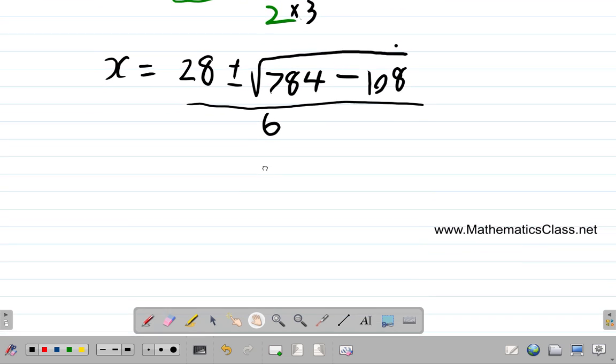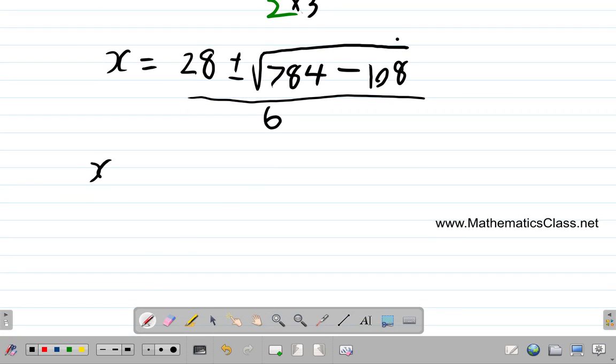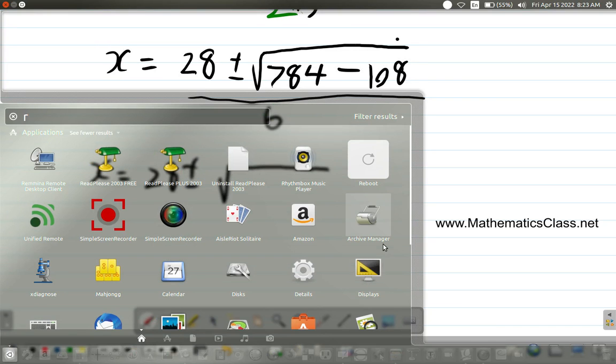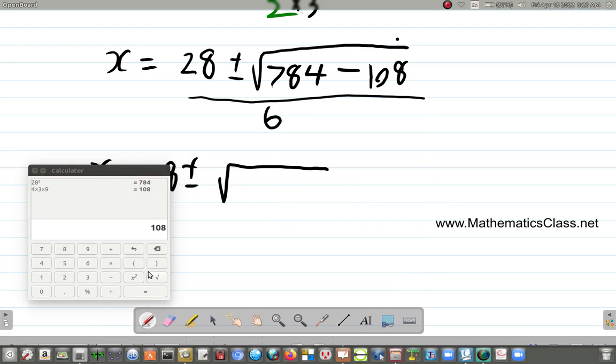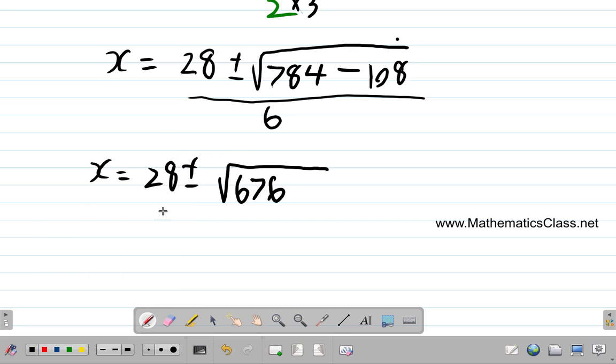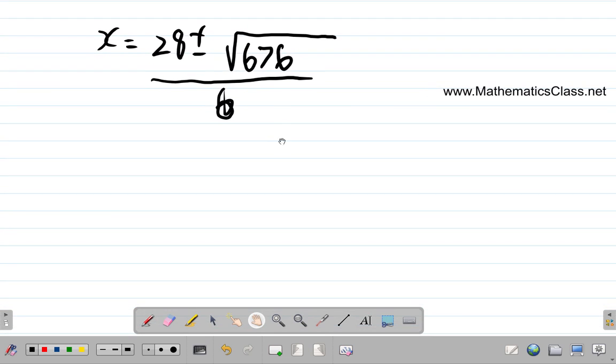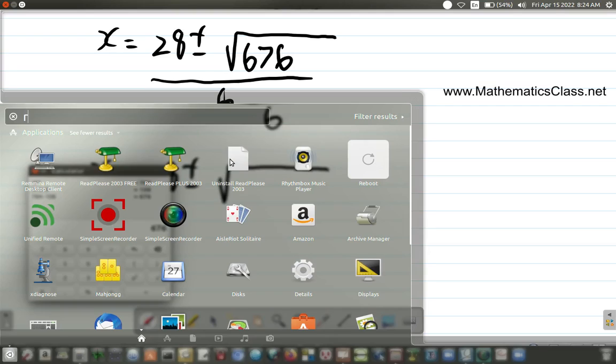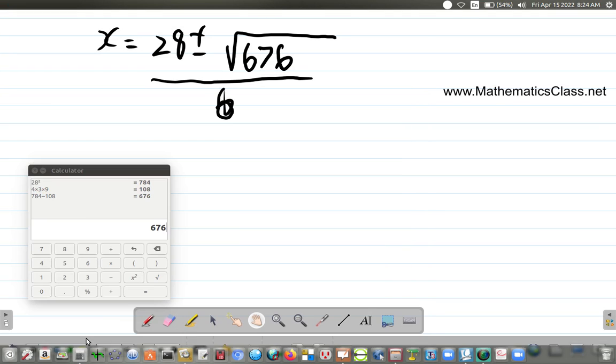Now, what does this give us? X equals 28 plus or minus the square root of what? It's 784 minus 108. So 784 minus 108 gives us 676. So it is 676 all over 6. Alright? So now, what is the square root of 676?